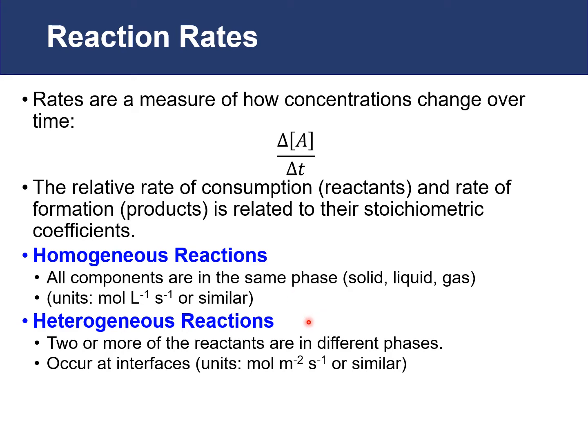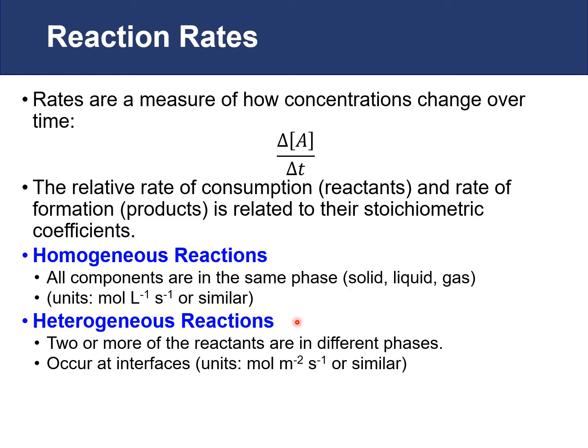Heterogeneous reactions are similar to homogeneous, except they will have two or more phases of components. So a heterogeneous reaction would be one in which two or more of the reactants are in different phases, such as the interaction between a gas and a liquid. One of the components would be in the gas phase, the other component would be in the liquid phase. When you have two phases, they're typically going to meet at the interface.